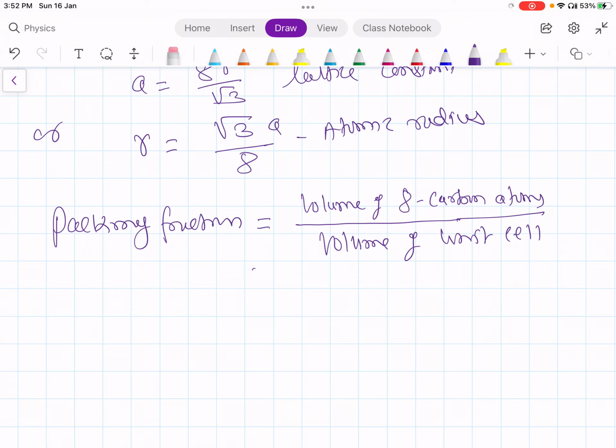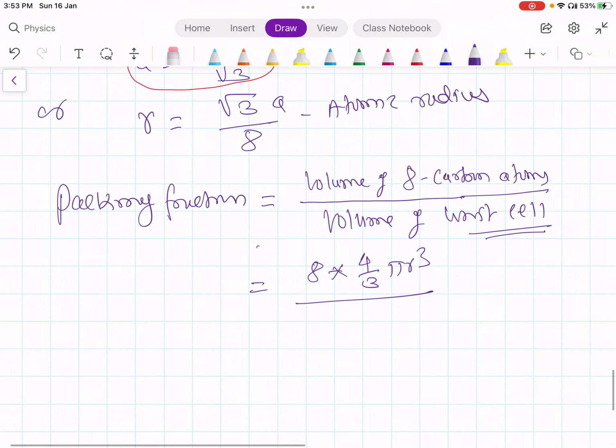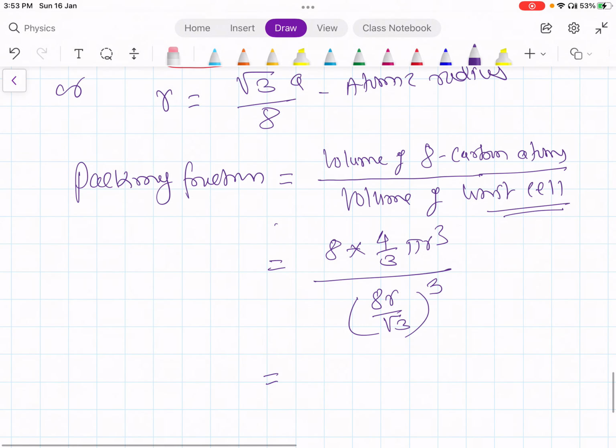All atoms are carbon atoms, so the volume of 8 carbon atoms is 8 into 4/3 pi r cube, divided by the volume of the unit cell, which is a cube, but a is 8r upon root 3, and volume is the cube of a. Then after simplification, we get 0.34, that is the packing fraction.